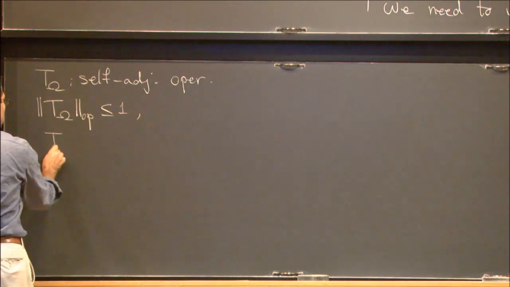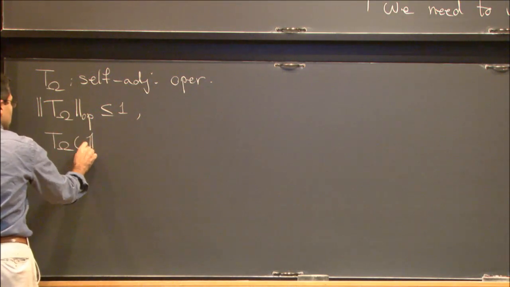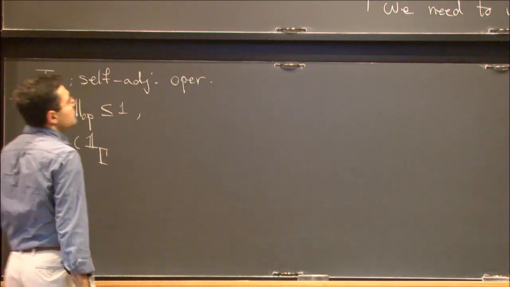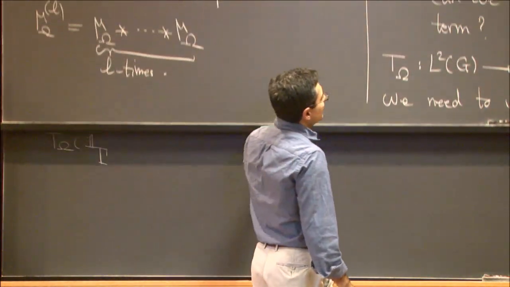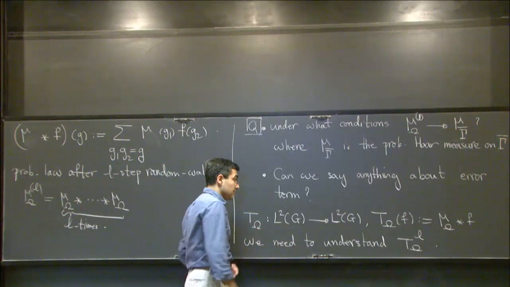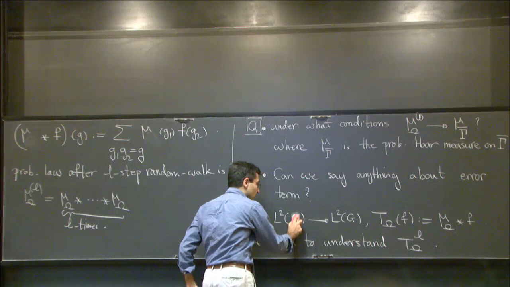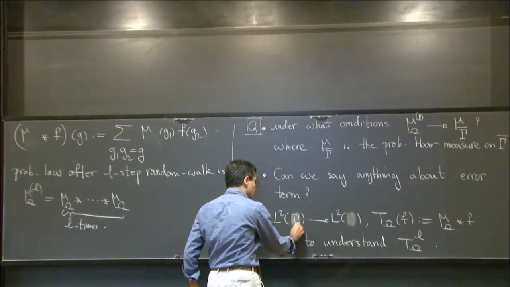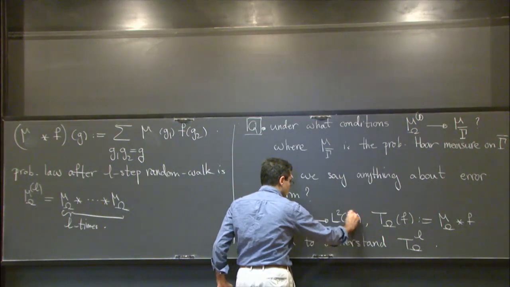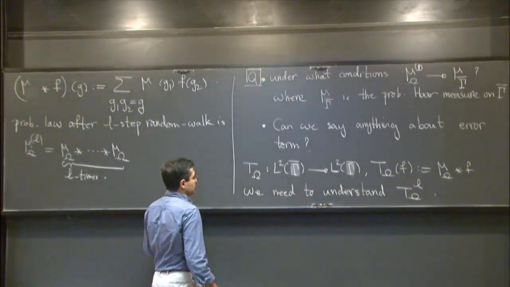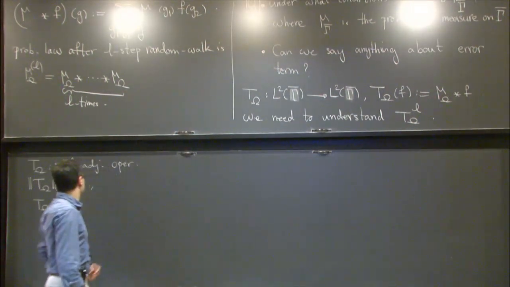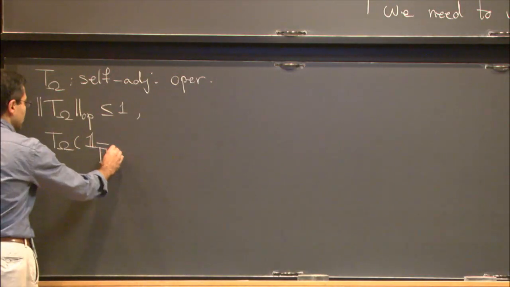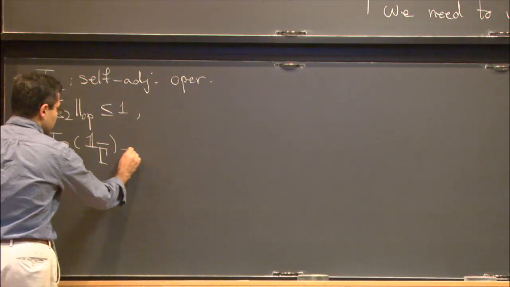And the constant function. Actually, as I mentioned, we do not care about the entire G. I care about gamma bar, because at the end of the day, it's trapped in its closure. And we know that the constant function on gamma bar is fixed.